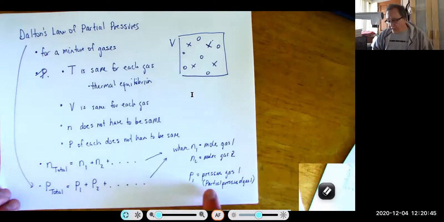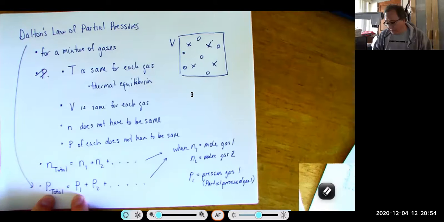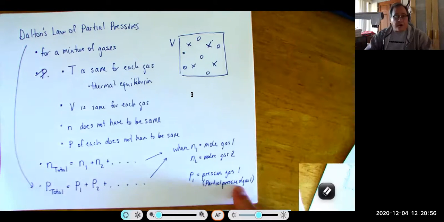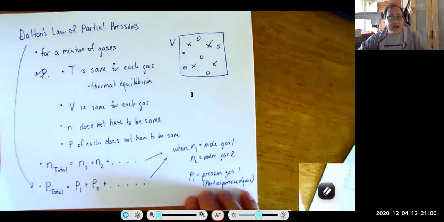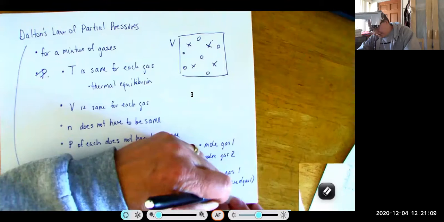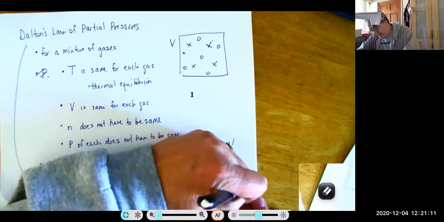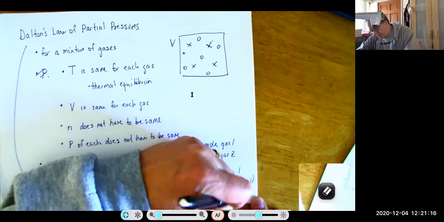So if we're looking at the full pressure of gas 1, why do we call it a partial? It's because here it's a partial of the total. So a better phrase for this, rather than calling it the partial pressure of gas 1, would be the pressure of gas 1 that is part of the total.